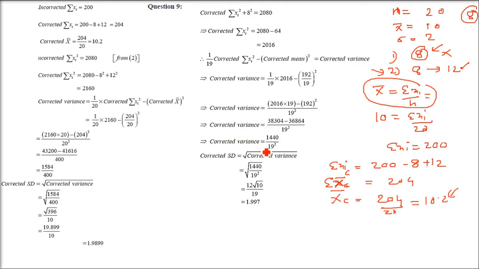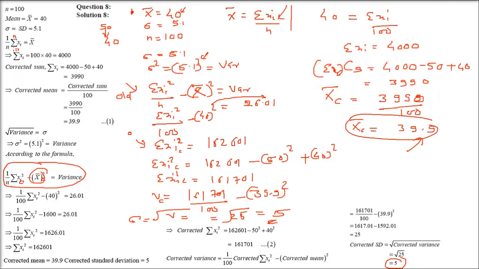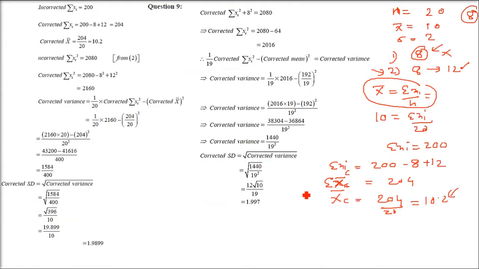Now you have to remember this formula every time you do a question like this, where some mistake was there and we have to correct it. So let me write the formula here. It's sigma xi whole square by n minus x bar whole square equals your variance.